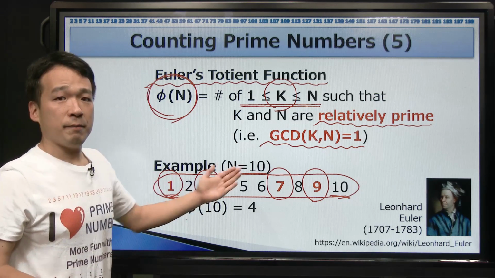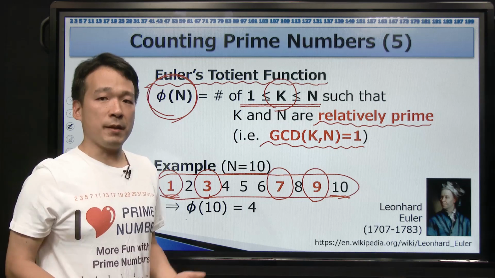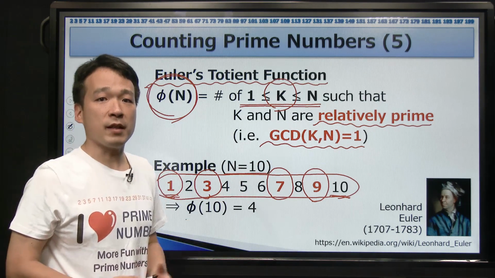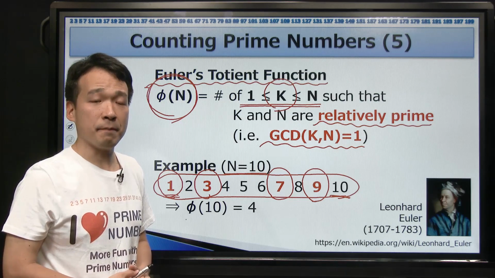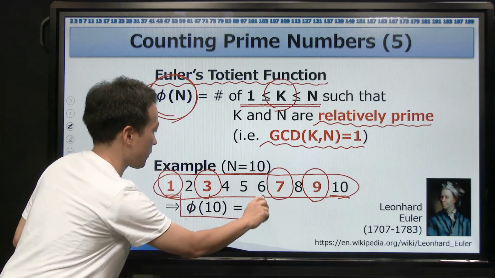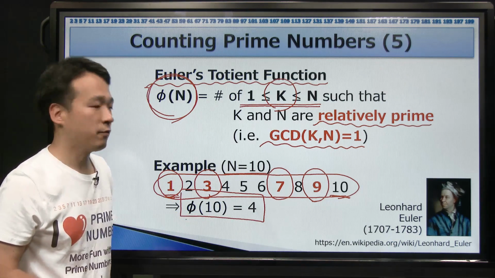Since there are 4 integers between 1 to 10, which are relatively prime to 10, we have phi of 10 is equal to 4.